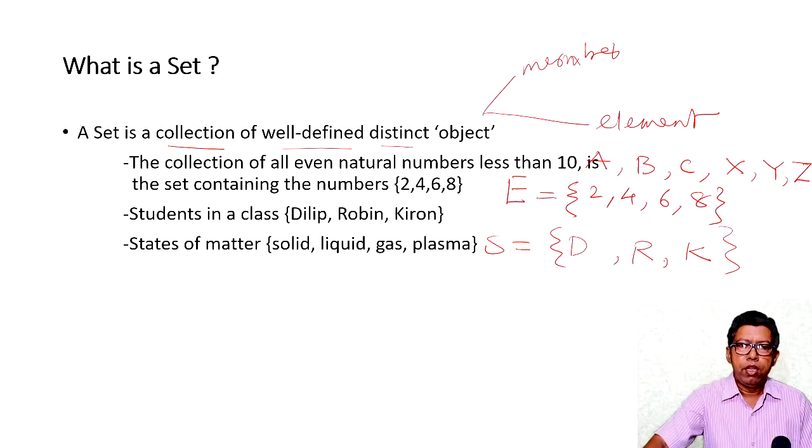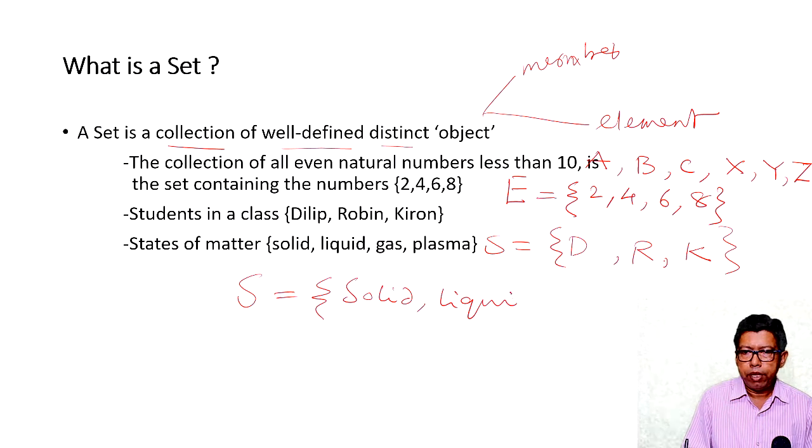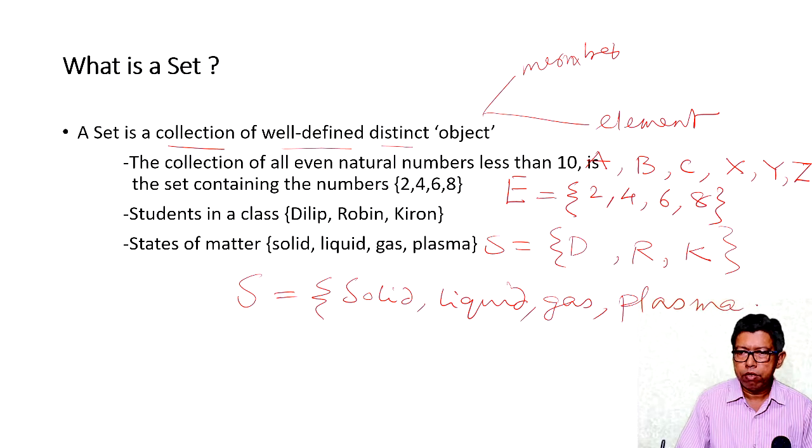Next, states of matter. Suppose this is written as S, and in the second bracket you write the elements: first is solid, next is liquid, third is gas, and fourth is plasma. These are the presentations of how we can represent a set.